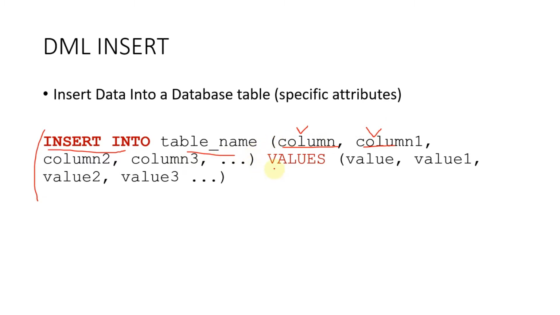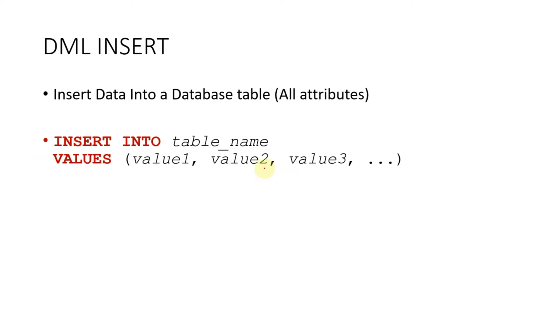We may omit a column, we can type 4 columns instead of 5 in these two parentheses. Then we must type the values after the values keyword. So if I type 4 column names in these parentheses, then I must provide 4 values for these 4 columns. The first value would be for the first column, the second value for the second column, and so on.